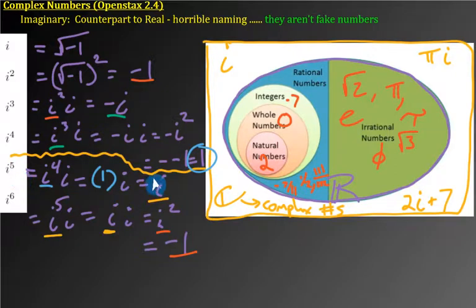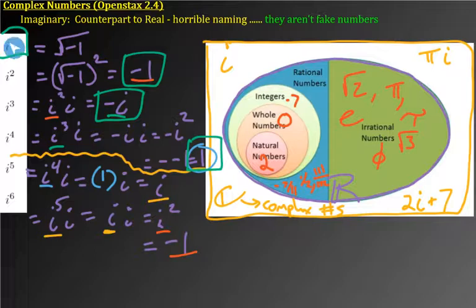So i to the fifth is i, and i to the sixth is really an i squared, but that's -1. So the only ones you'll ever write for the powers of i are i, -1, -i, and 1. Those are the only numbers you'll ever write. And this really is a number.